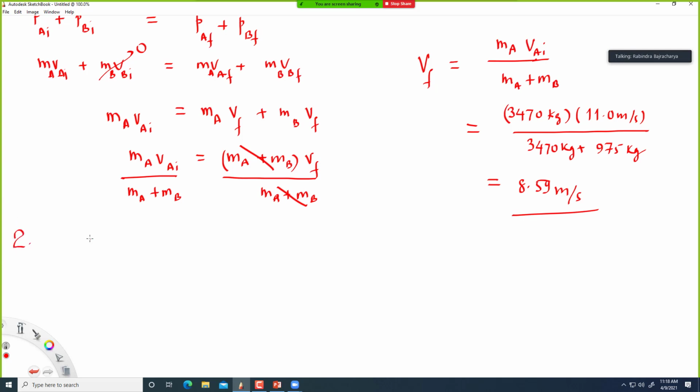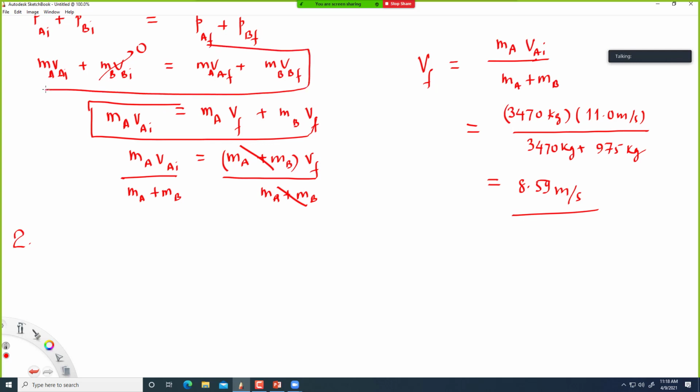So again, we can use the same formula, the top one. That's the formula for conservation of momentum.